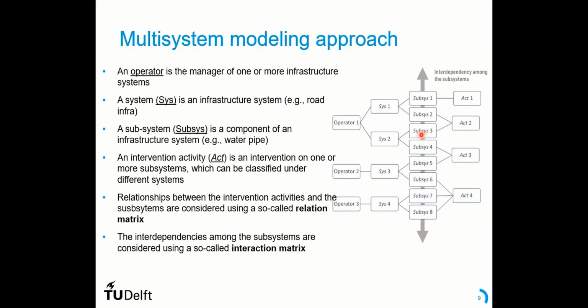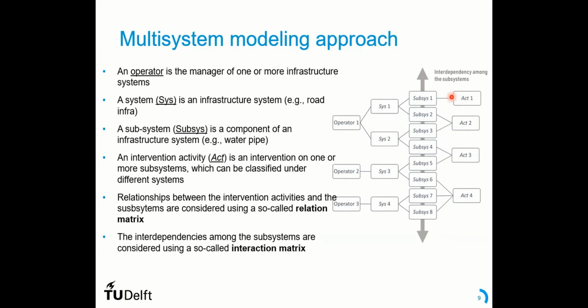And finally we have the activities here, which are intervention activities. An intervention activity can be implemented on one or more subsystems. For example, this intervention activity can be replacing a water pipe. This intervention activity can be an intervention on the water pipe and on the road section at the same time because they are located in the same location and so on.